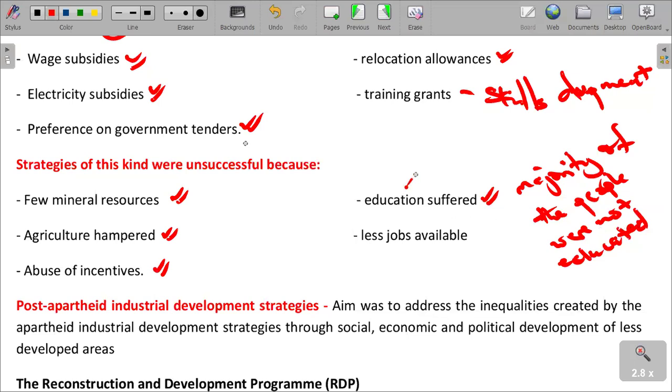Education suffered, unskilled labor. We talk about unskilled labor here, which of course was resulting in a skills gap. The unskilled labor force remains a stumbling block if we look into that.